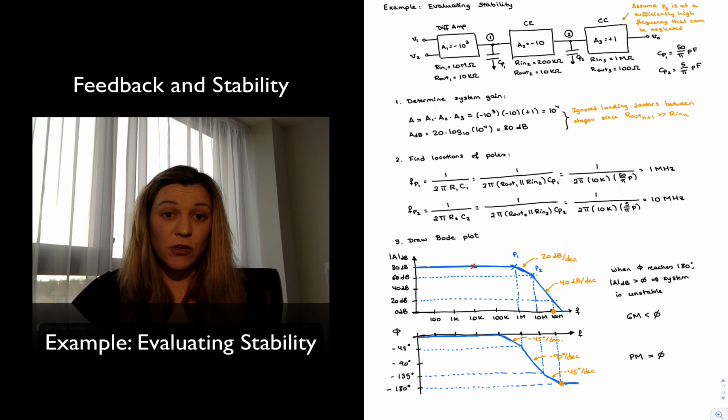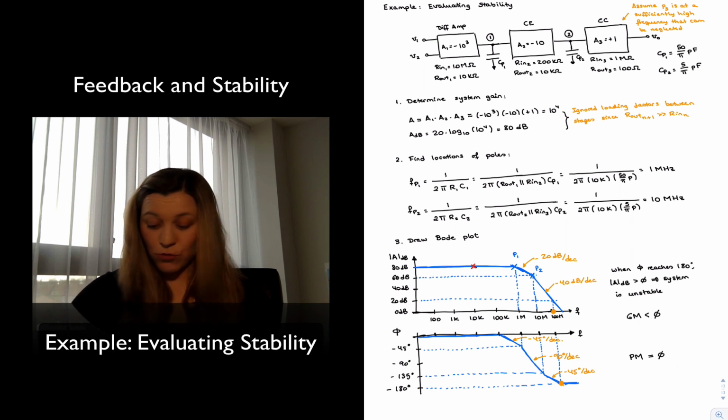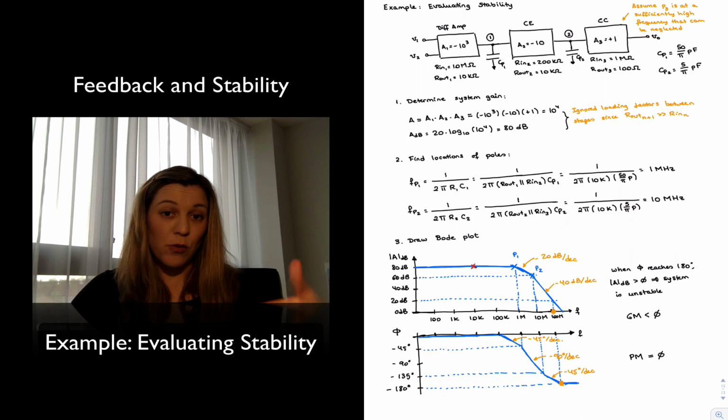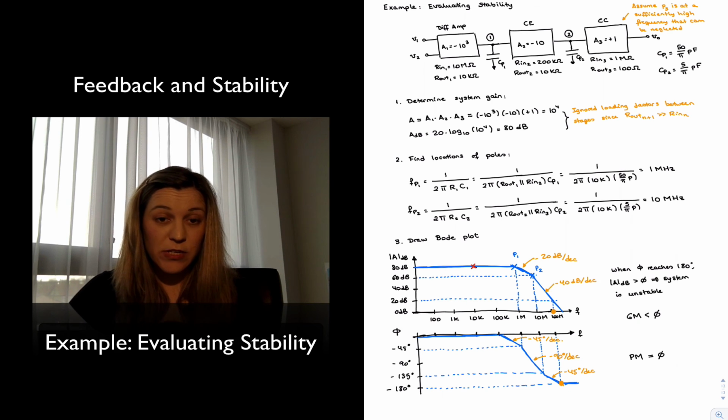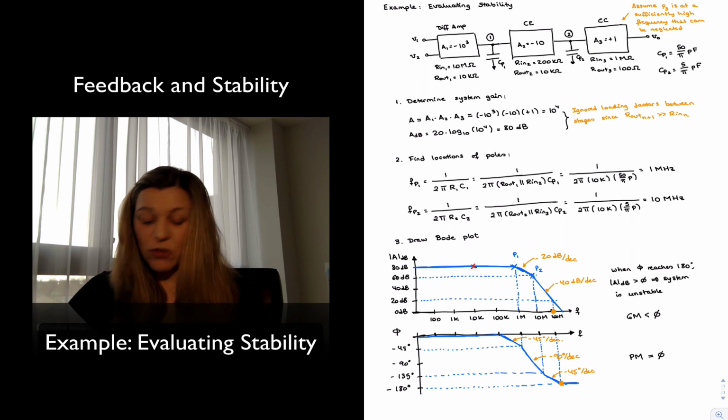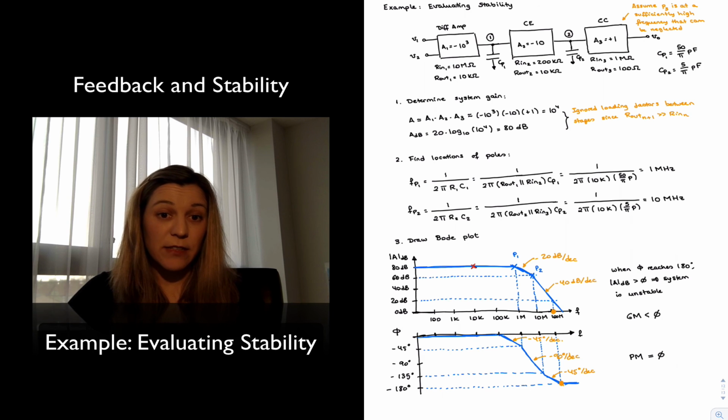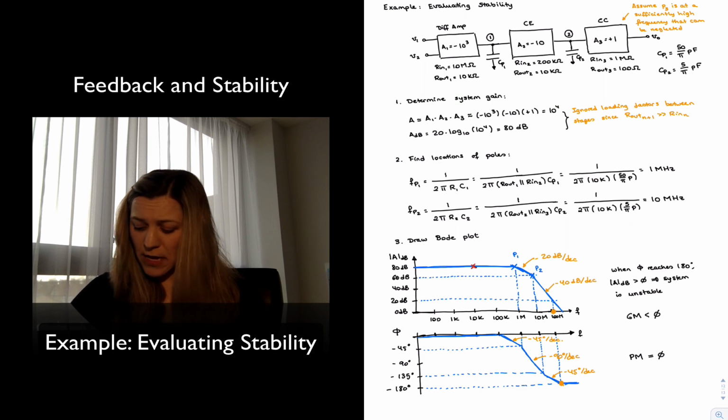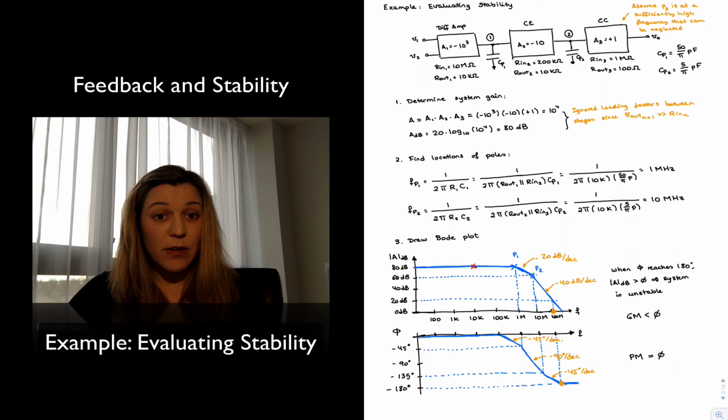By adding a zero, notice that a zero is going to cause, just as a pole causes the gain to start decreasing at a rate of approximately minus 20 degrees per decade. If I add a zero, I will basically counteract that effect, flatten my gain, but also I will change my phase shift. And so I will basically have the effect of keeping my phase shift at less than 180 degrees for longer.